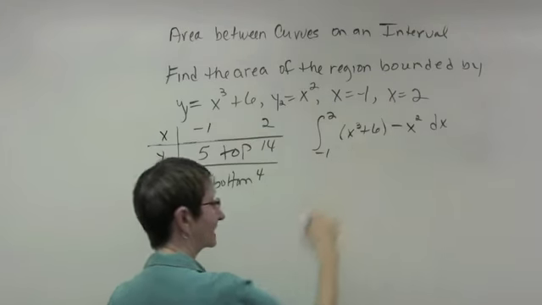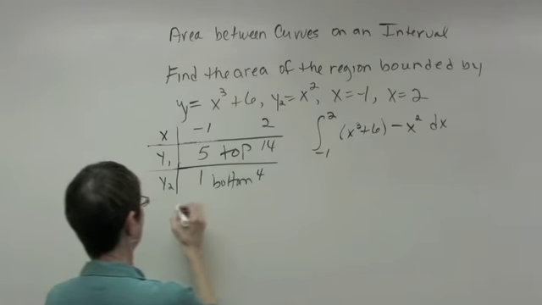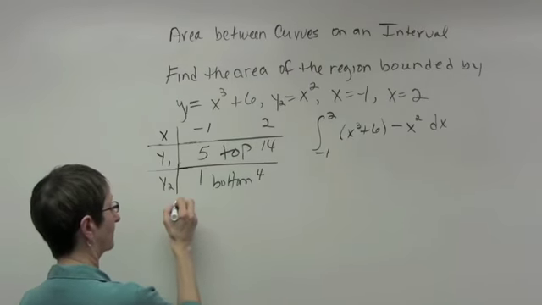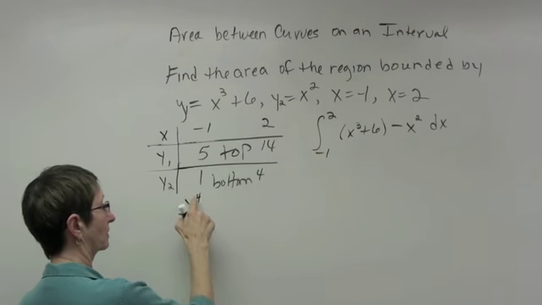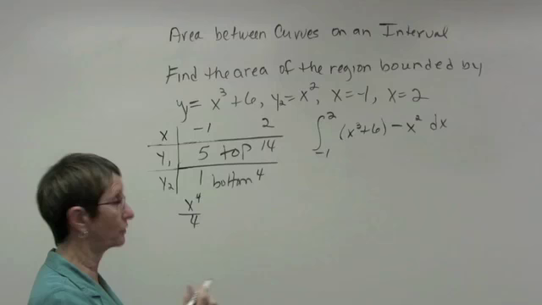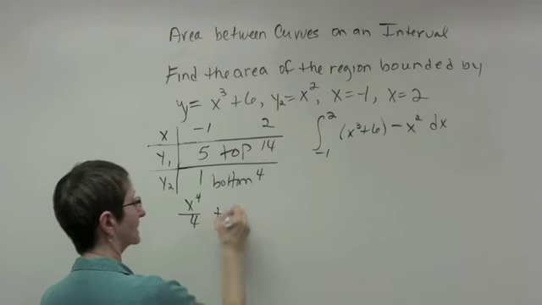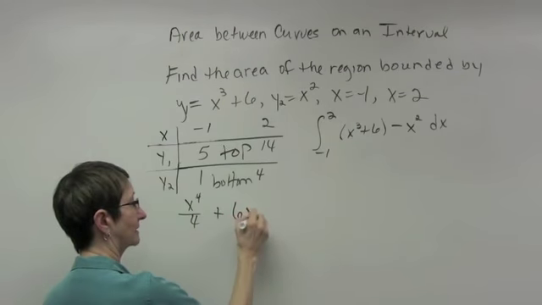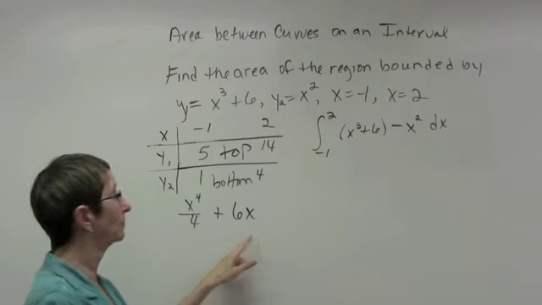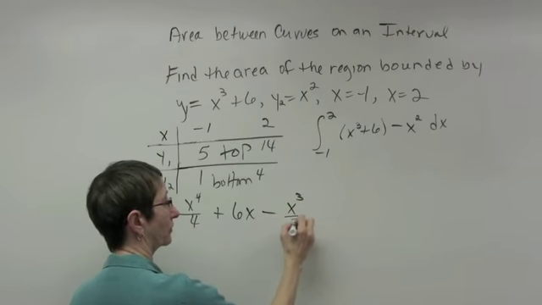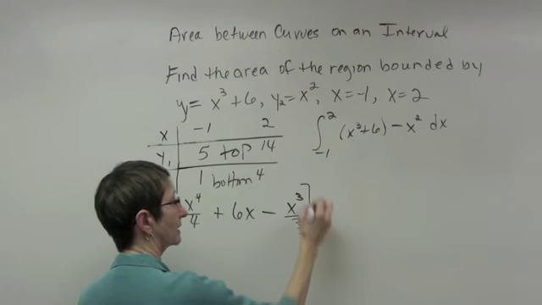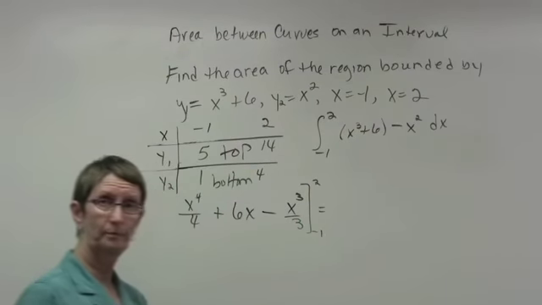So taking the antiderivative, I would have x to the 4th over 4, antiderivative of x to the 3rd, plus 6x, the constant rule, minus x cubed over 3, and everything goes from -1 to 2.